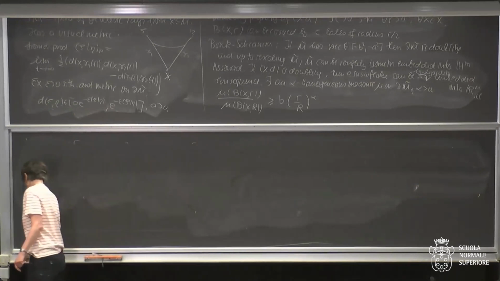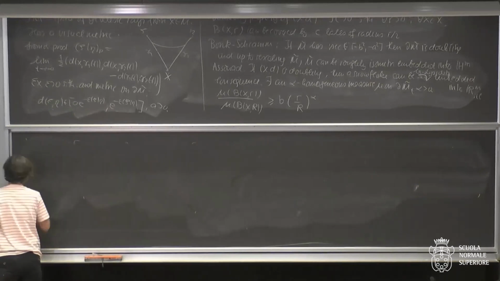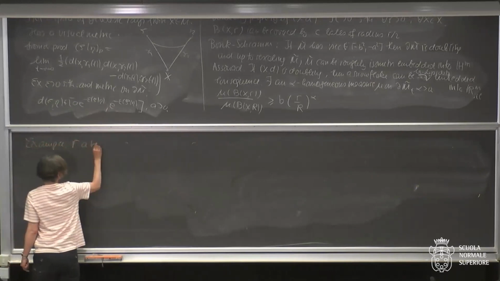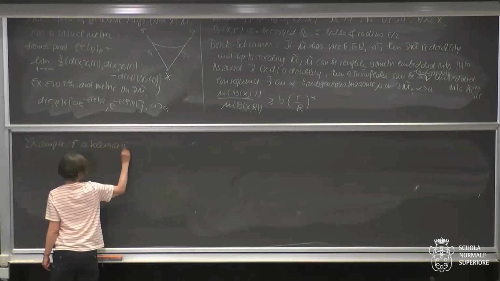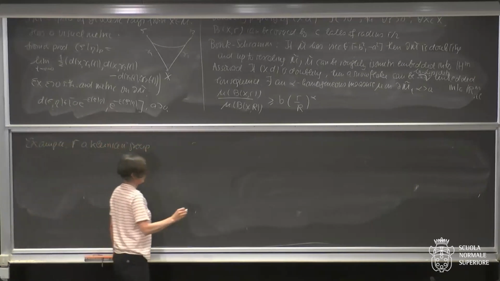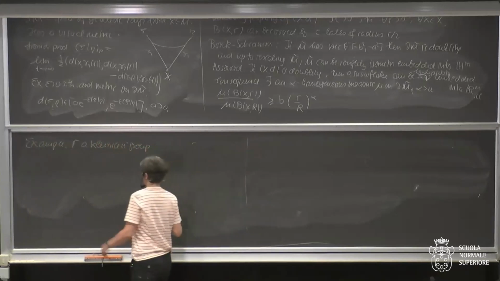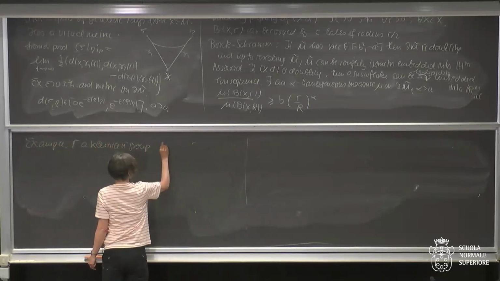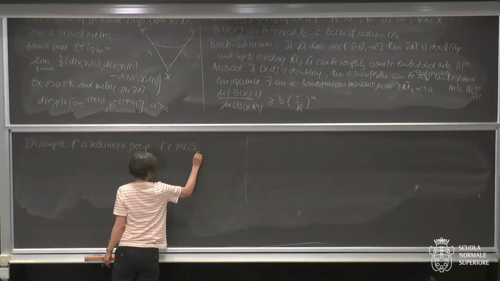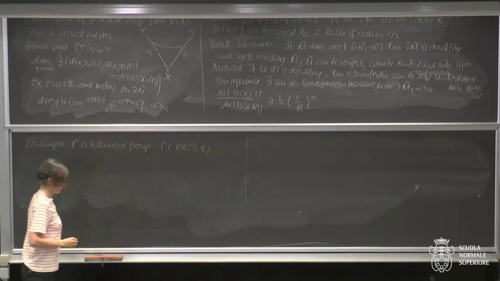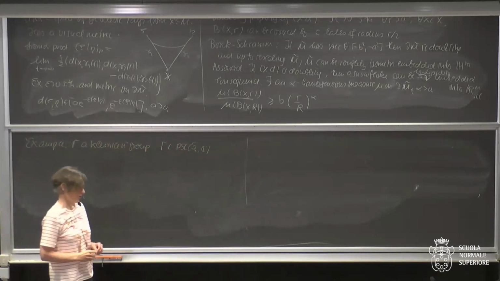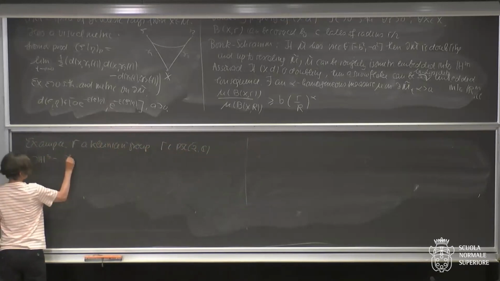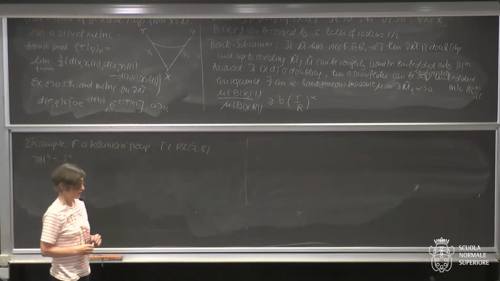You look at Gamma, a Kleinian group. A Kleinian group is a discrete subgroup, all my groups will be finitely generated, of PSL2C, which is the isometry group of hyperbolic three space. Now, what is the boundary of hyperbolic three space? The boundary of hyperbolic three space is S2, the round two sphere. So how does this group act on S2?